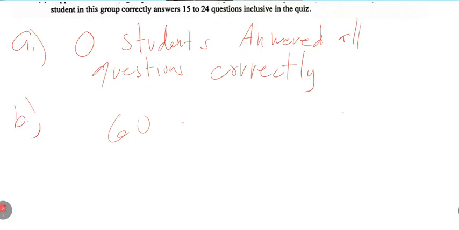So we have 60 minus 33 is equal to 27. So we can say that x is equal to 27.